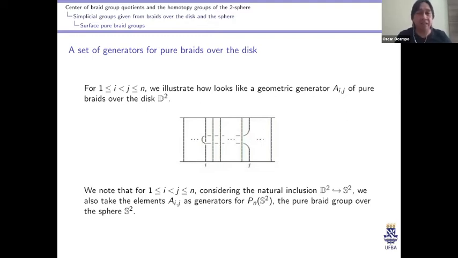This is the classical one from Artin. When we have the inclusion of the disk in the sphere, we just take these elements as generators for the pure braid group over the sphere also. So A_ij will mean an element of a pure braid group over the disk or over the sphere, and in fact, the total collection will be a set of generators for these pure braid groups.